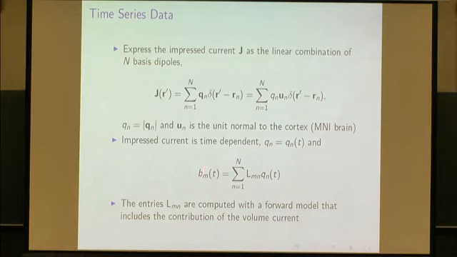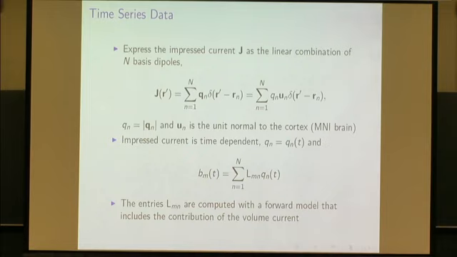We have these magnetic field components at time t, so this is going to be a time-dependent problem. We have these matrices L_m, and the activation is changing in time. These elements can be computed with various accuracy.